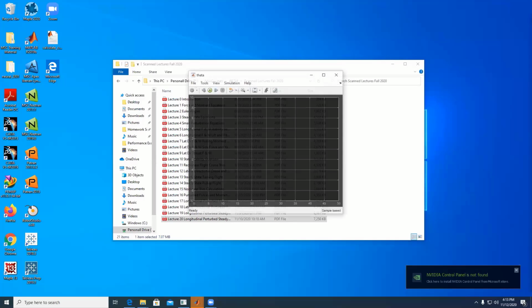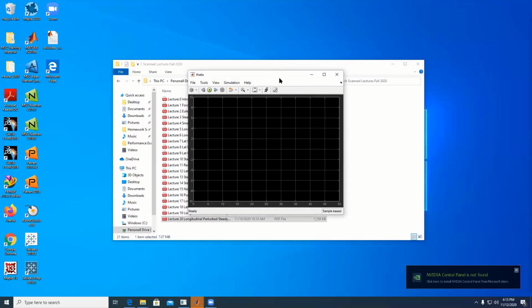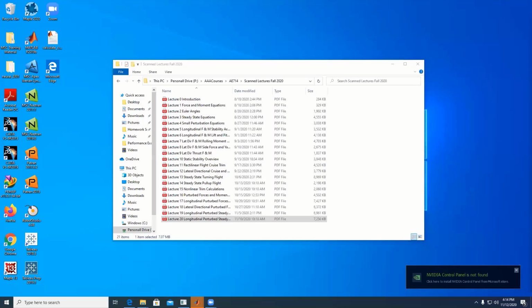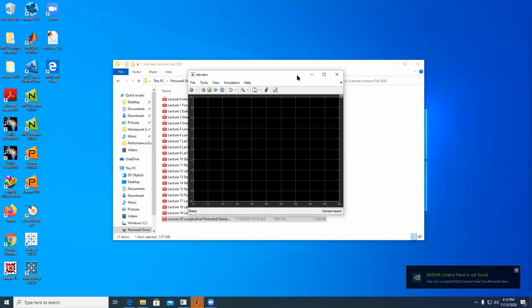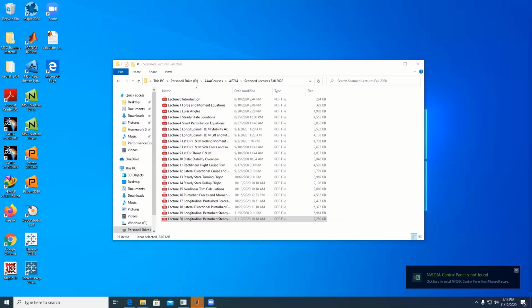And the theta scope. And the elevator. I'm going to have to drag each one of these out individually. So I'm going to leave the elevator here. I'm going to click run.